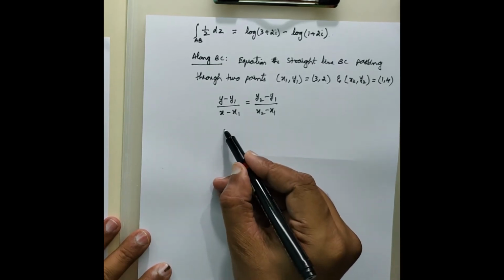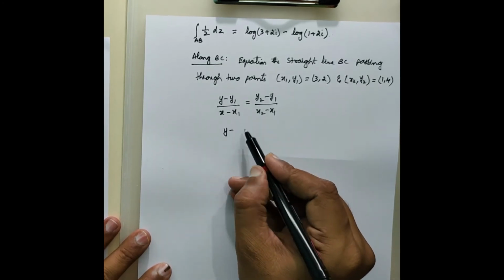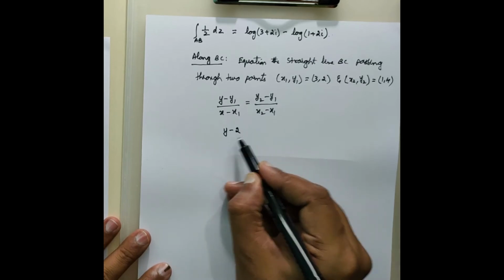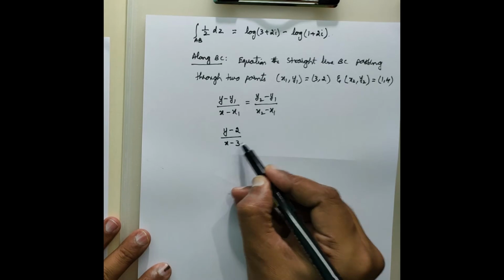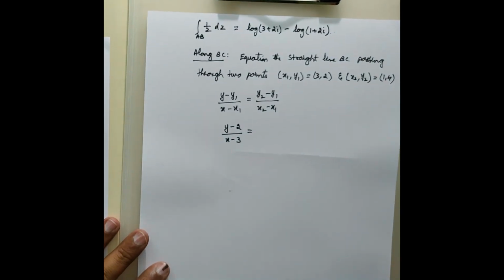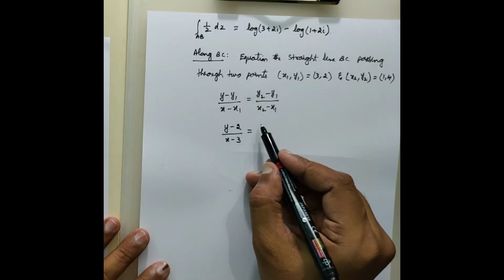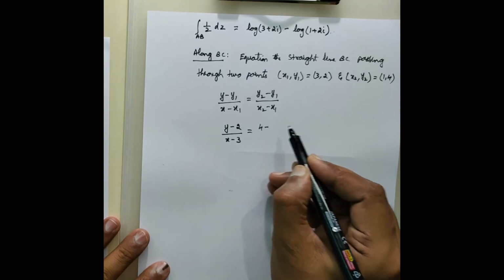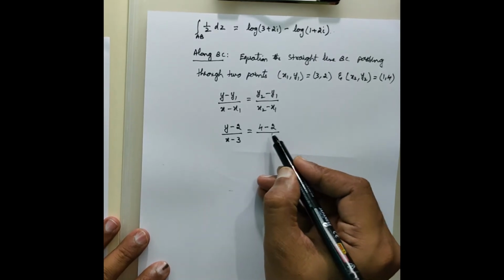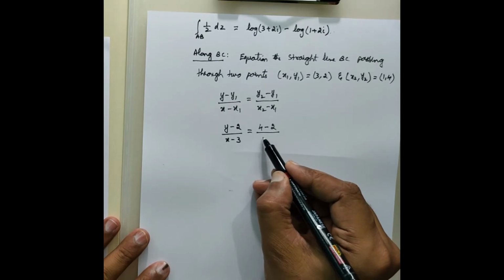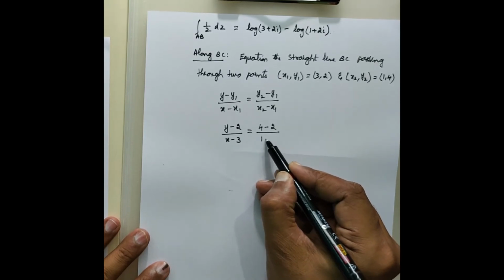We have y minus y1, which is y minus 2, divided by x minus x1, which is x minus 3, is equal to y2 minus y1, which is 4 minus 2, divided by x2 minus x1, which is 1 minus 3.